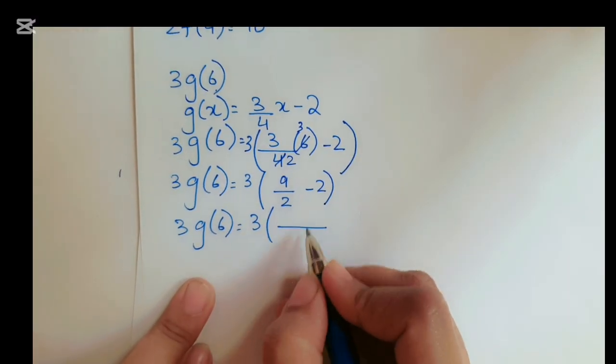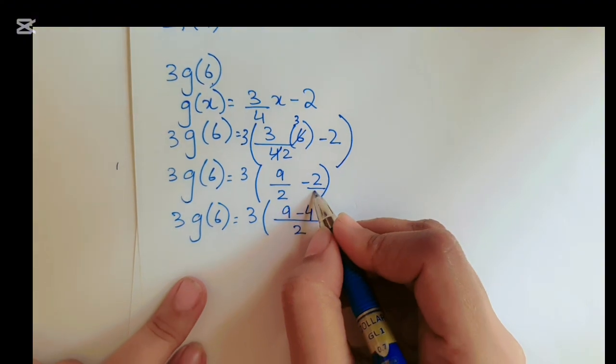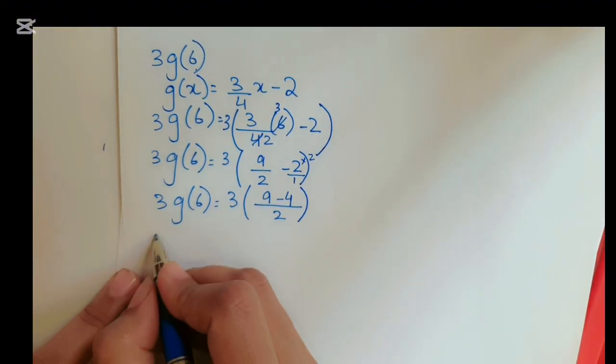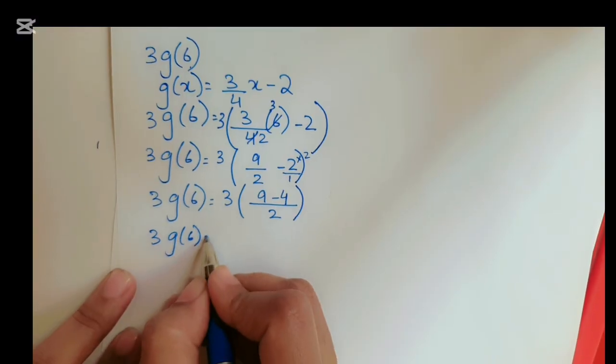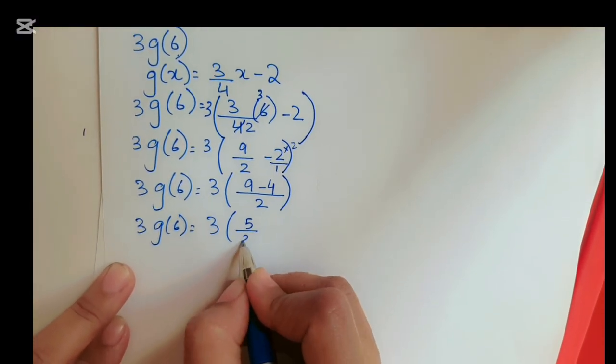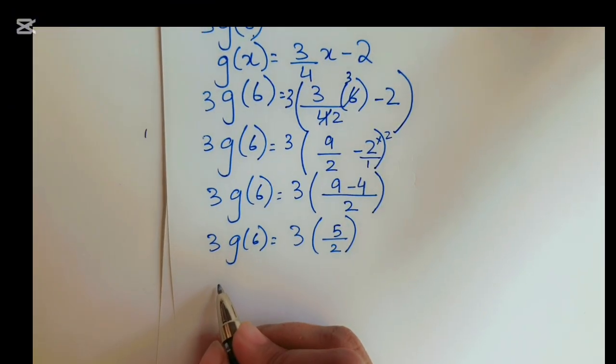Take the LCM, 2. 9 minus 4, because if it is multiplied by the LCM we will get 4, and now 3g(6) is equal to 3 times 9 minus 4, which is 5 upon 2.